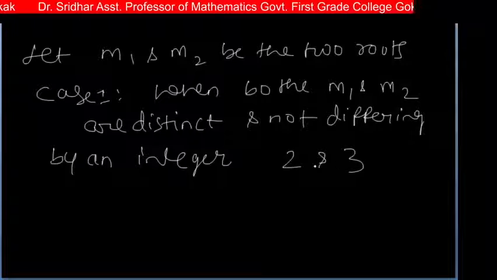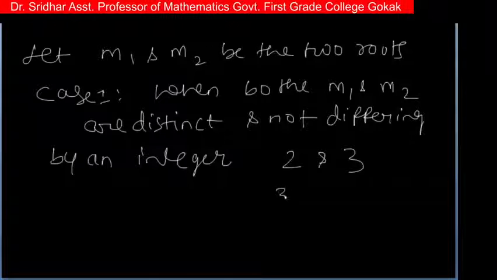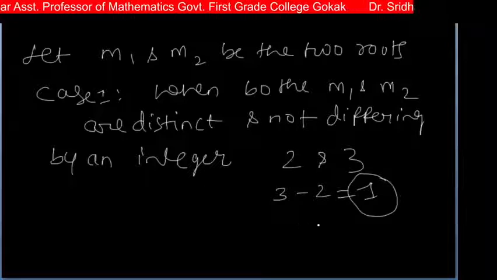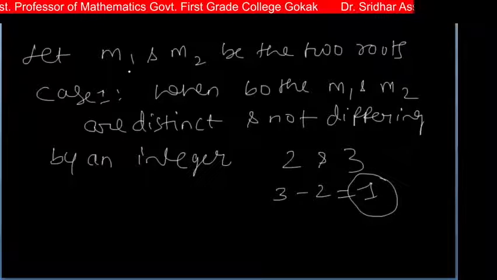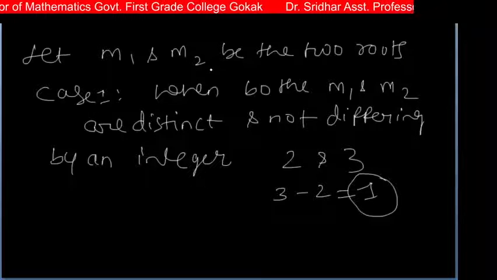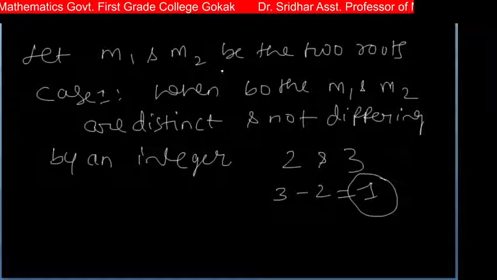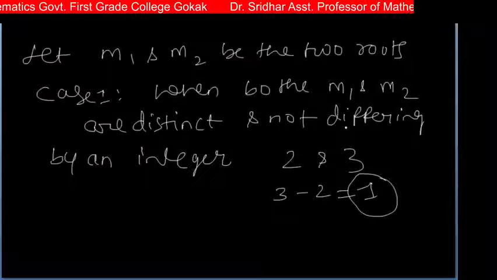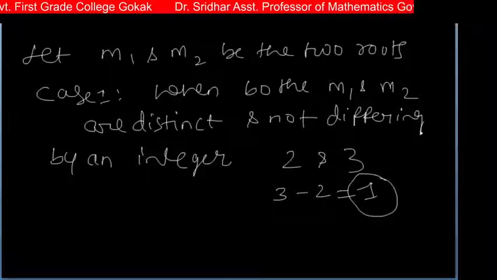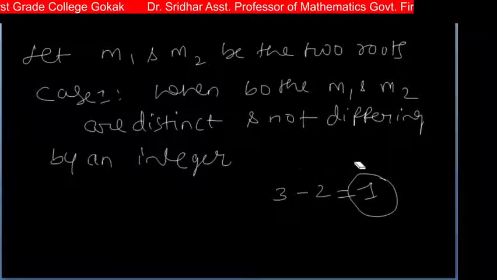The difference between 2 and 3 is 3 minus 2, which is equal to 1. So if you subtract one root from the other, the difference should not be an integer. That is the meaning of this statement.